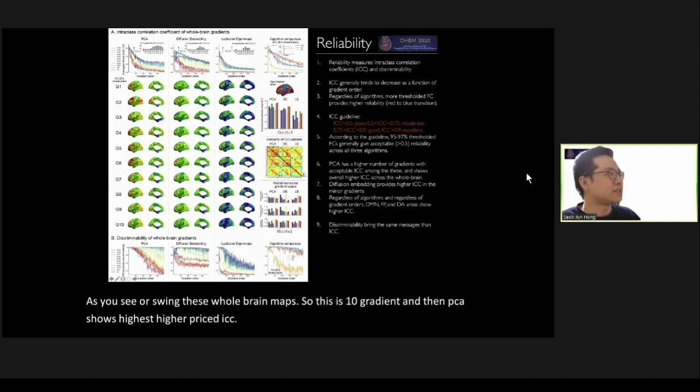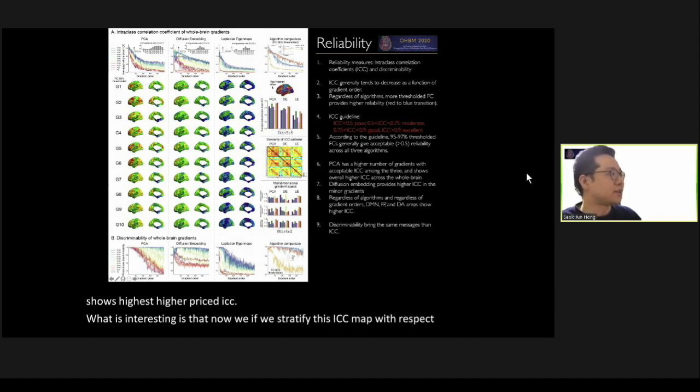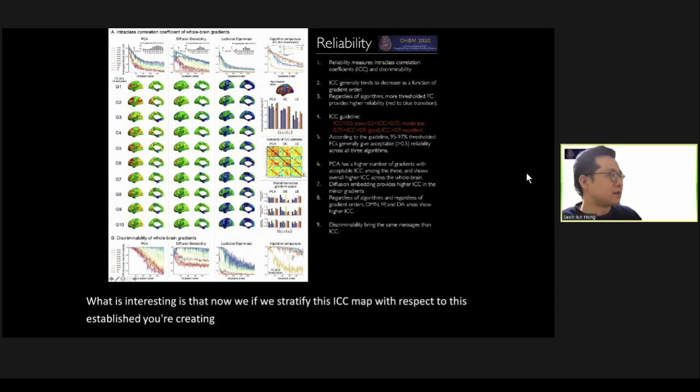What is interesting is that if we stratify this ICC map with respect to the established Yeo-Krienen atlas, the high-order transmodal systems, including the DMN and frontoparietal network, show the highest ICC.